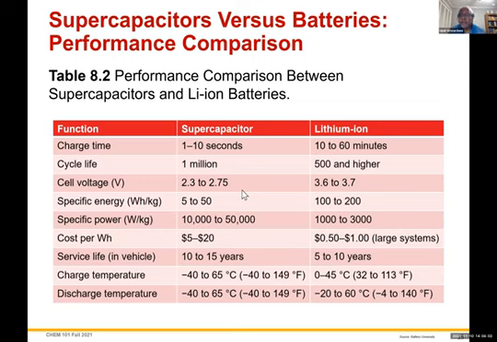Service life of supercapacitors is 10 to 15 years, whereas lithium ion is only 5 to 10 years.